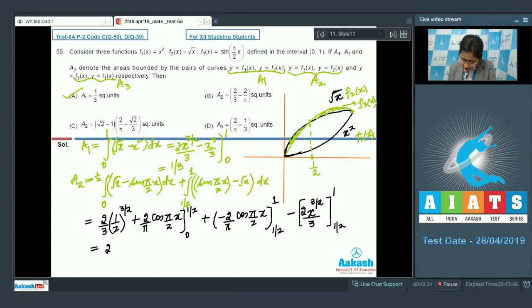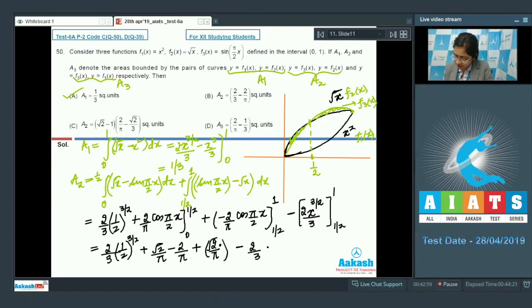So this is equal to 2 by 3 into 1 by 2 raised to the power 3 by 2, plus, putting x equal to half, we will get 1 by root 2, that is root 2 by pi, minus, putting x equal to 0, we will get minus 2 by pi, plus, here putting x equal to 1, cos(pi by 2) is 0, minus, we will get 2 by pi into 1 by root 2, that is root 2 by pi, minus, here putting x equal to 1, we will get minus 2 by 3, plus 2 by 3 into 1 by 2 raised to the power 3 by 2.